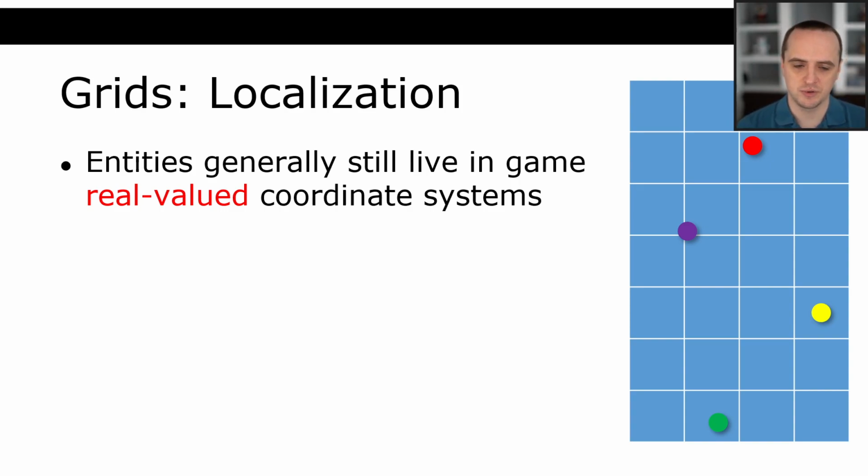So for example, even though Starcraft has these grids that it uses for the locations of units, internally you can still represent the location of an object as a real valued number, right? So maybe I'm at X value 22.7 and Y value 12.4, for example. And just because your in-game representation has an arbitrary floating point precision doesn't mean that you can't use grids. It just means that we're going to have to do some sort of translation from one space to the other, right?